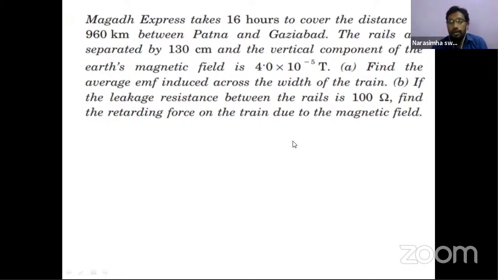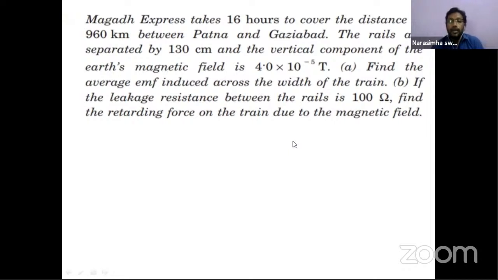Here, the two railings are separated by 130 centimeters, and the length is 960 kilometers. Earth has a magnetic field with a horizontal and a vertical component. The vertical component is given as 4 into 10 power minus 5 Tesla.